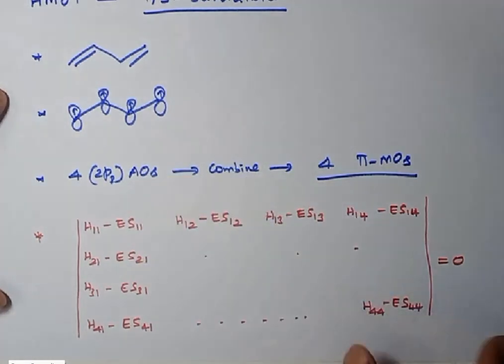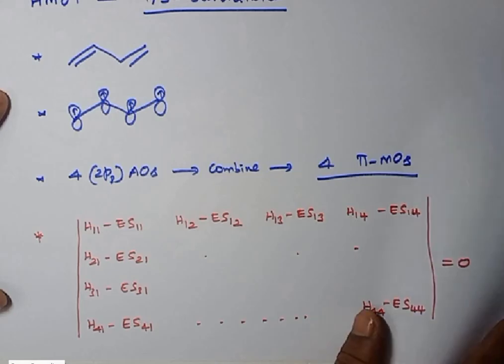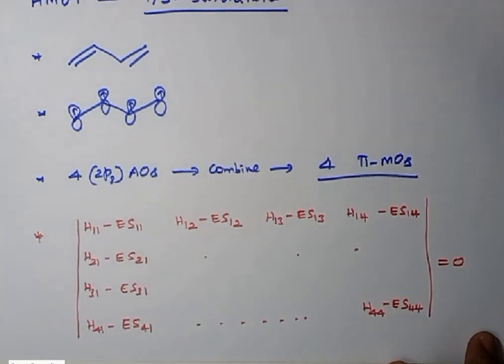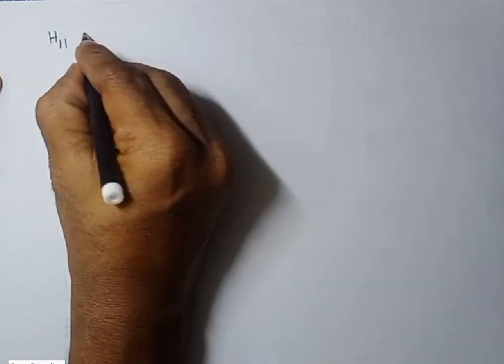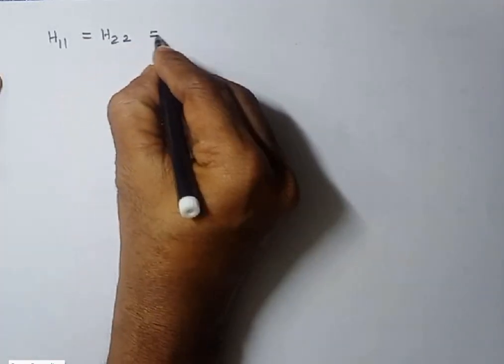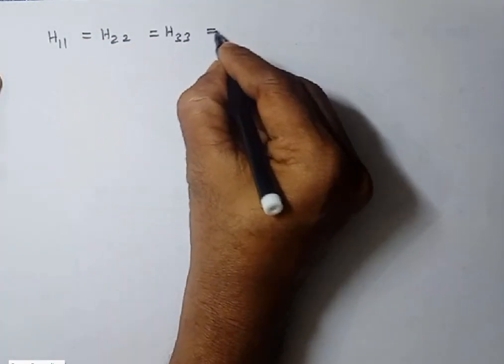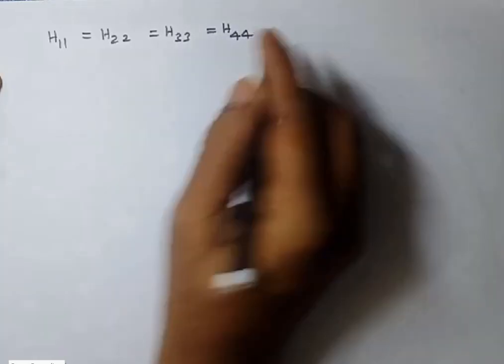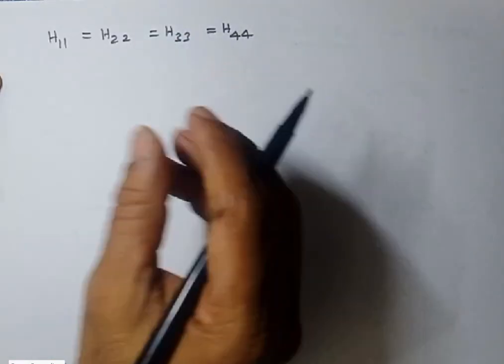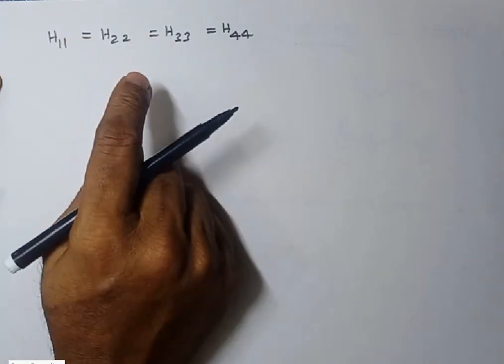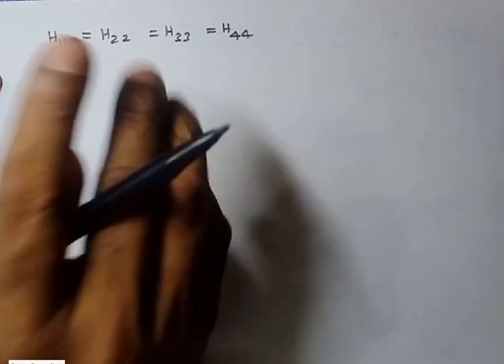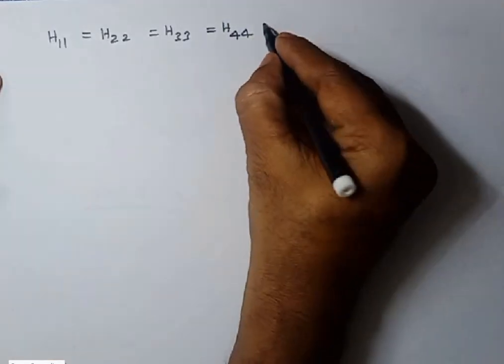And when you use Hückel's approximation, what is Hückel's approximation? According to the Hückel approximation, H11, H22, H33, H44 are integrals which give the energy of an electron present in the 2pz atomic orbital of carbon, which is equal to alpha.